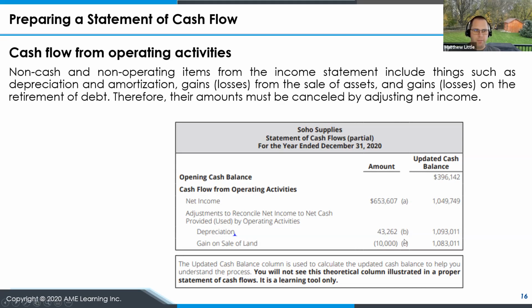We have to add back the depreciation because it's a non-cash item. And we need to subtract the gain on sale of land because that's considered investing, which we'll talk about later on. You can see this last column called updated cash balance. That's not usually on the statement. It's just there for demonstration purposes, to show the impact of these items on cash.